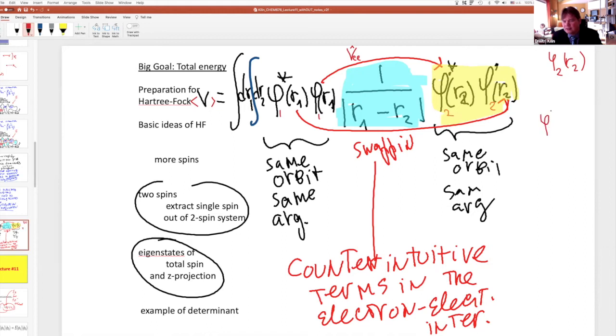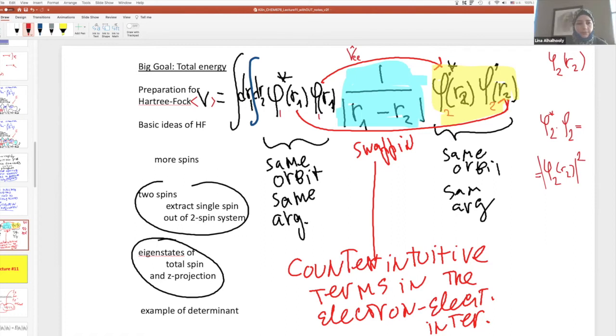Phi star 2 times phi 2 equals the absolute value of phi 2 squared. So what is the definition of this thing?